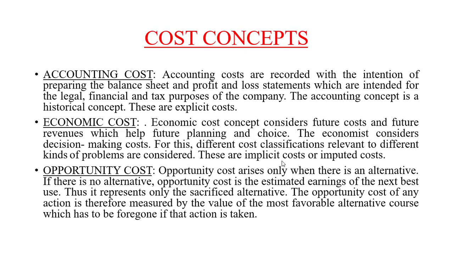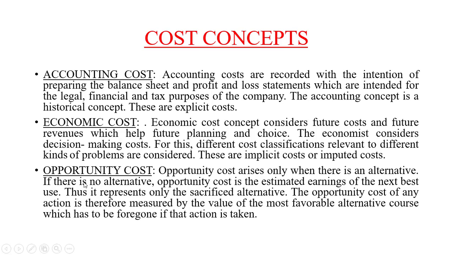That means the owner's personal expenses and costs will be included, and the accounting costs, profits and expenses will also be included. That's why it is called implicit cost or imputed cost. But one thing you have to remember here is that accounting cost is explicit and economic cost is implicit or imputed.